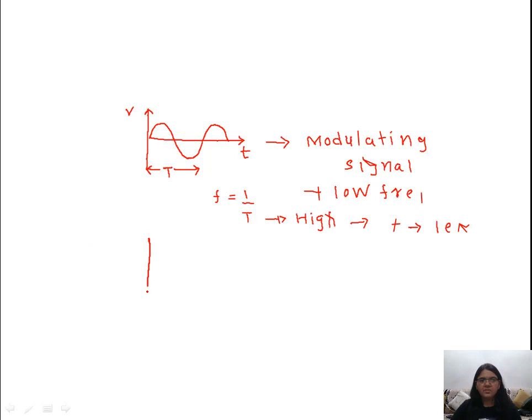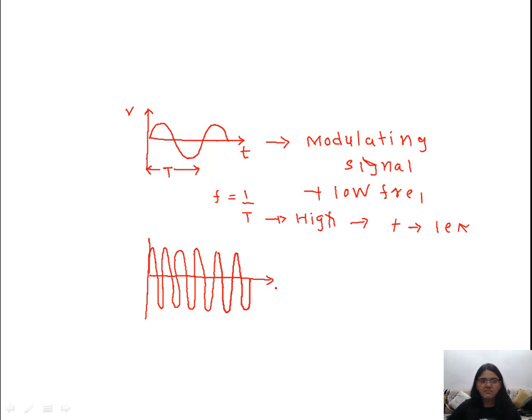Similarly, the other signal that we need in modulation is the high frequency wave. The other name of the high frequency wave is the carrier wave. The carrier wave does not have any information.